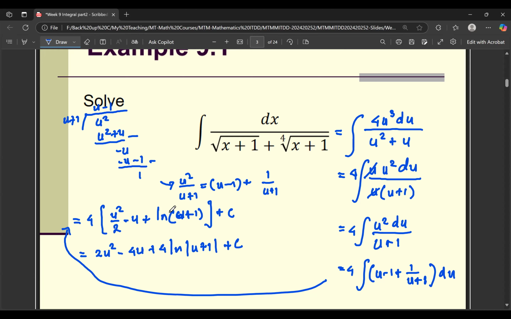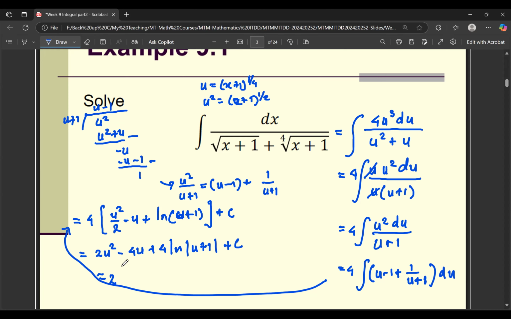Okay, then substitute again. As we know before, u is x plus 1 to the power of 1 over 4. U square is x plus 1 to the power of 1 over 2. So we have that the solution should be in x again.